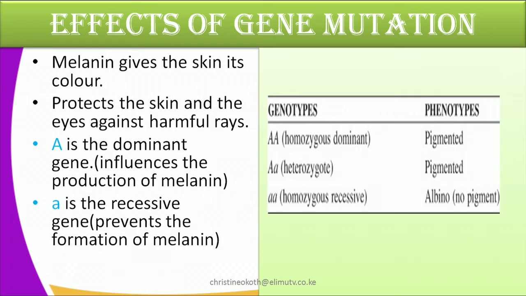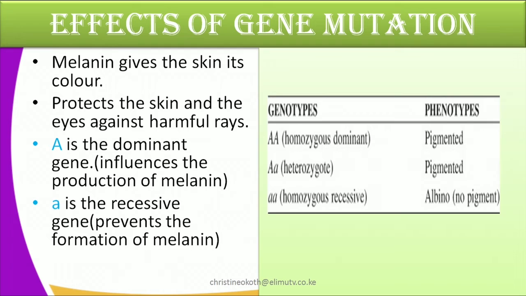So let us look at the genotypes and the phenotypes. Genotype is the genetic makeup of an organism, while phenotype is the physical appearance of an organism. If somebody has a homozygous dominant gene of albinism, that person is pigmented, not affected by albinism. He will have all capital A. Those genes are all dominant.